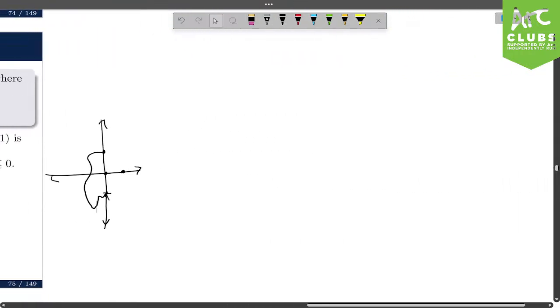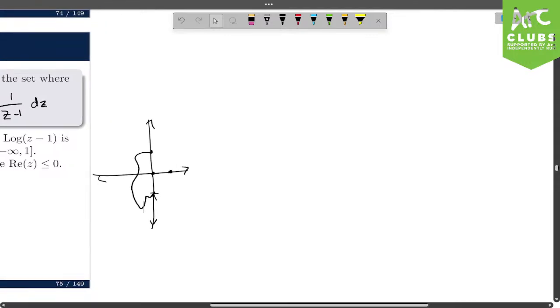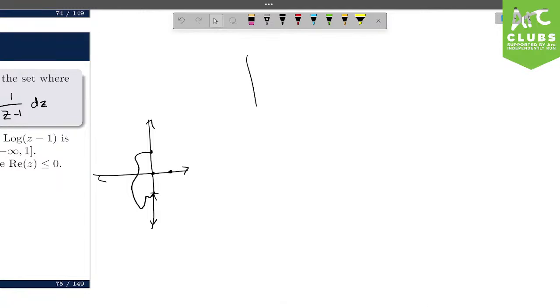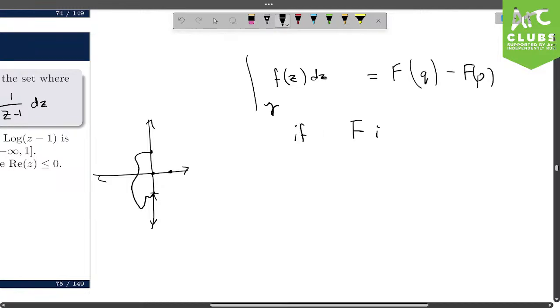So how do we fix this? Well, we apply this fact that turns out to be pretty useful, which is that the integral of f of z dz along the curve gamma is equal to F of q minus F of p, where p is the start point and q is the end point of gamma, if F is analytic, or otherwise holomorphic, on our path of integration gamma.